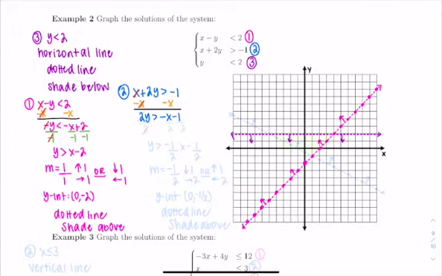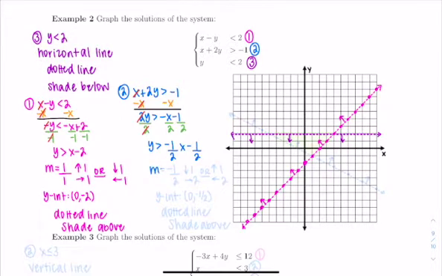And then we can divide everything by 2. And we end up with y is greater than negative 1/2 x minus 1/2.